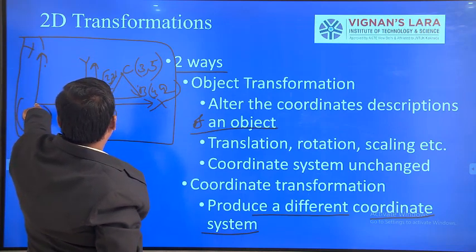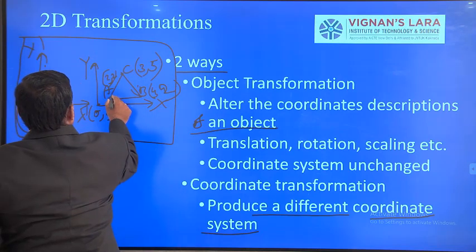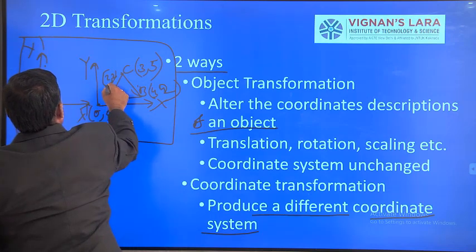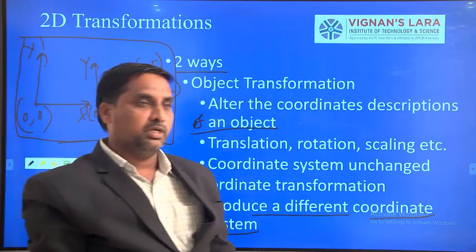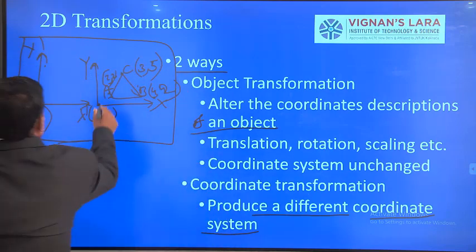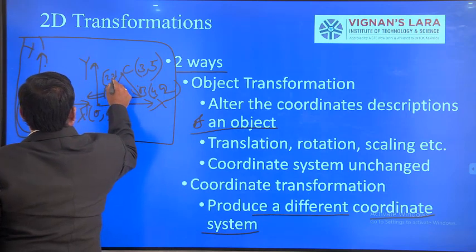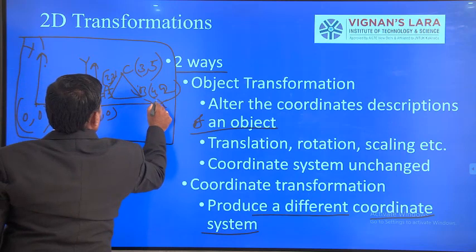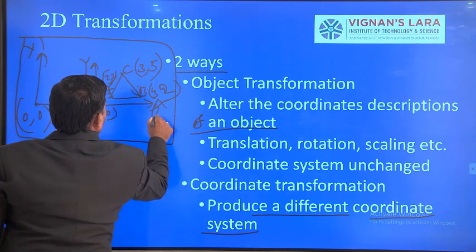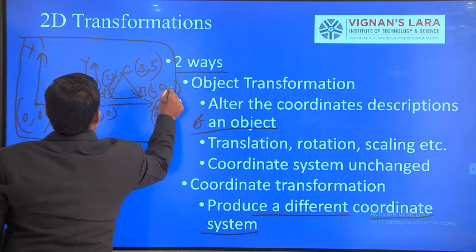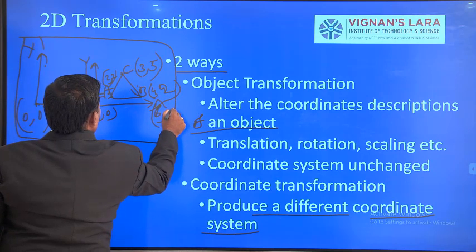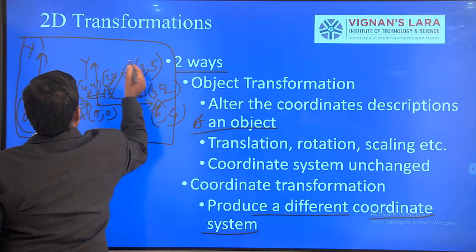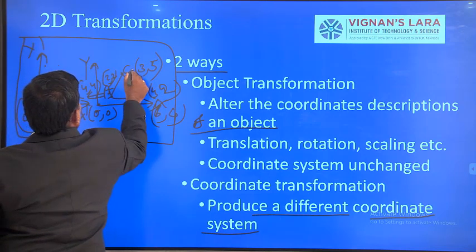Now you can have the values of A with respect to X and with respect to Y. You will have different coordinates for A, B, C. Suppose A might be 2, 4, B might be 4, 4, 6, 4, and the C value is the same, 3, 5.